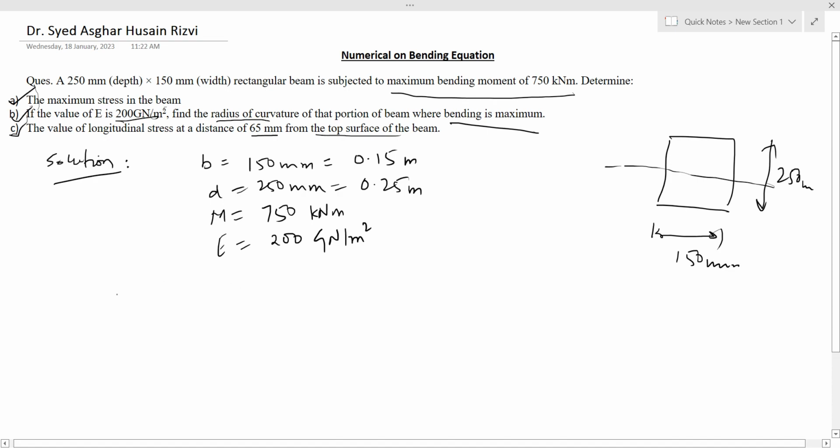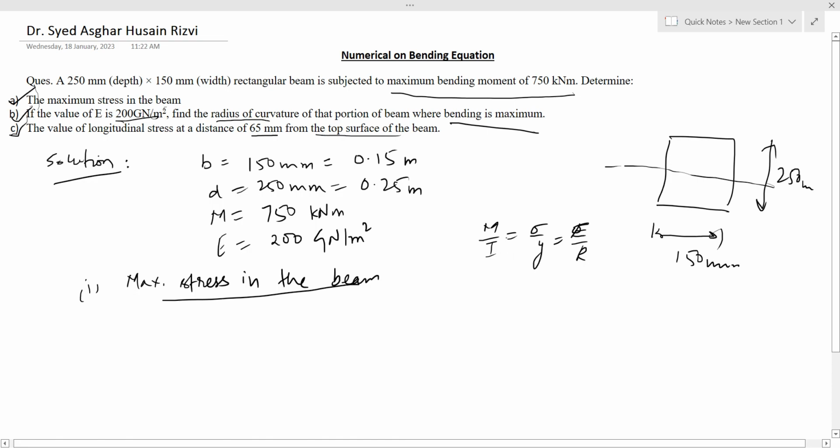Now let us calculate the first part, that is the maximum stress in the beam. Before finding out the maximum stress in the beam, we know that the bending equation is M upon I equals sigma upon y equals E upon R. So if we have to find the maximum bending stress, we must have the other values too.